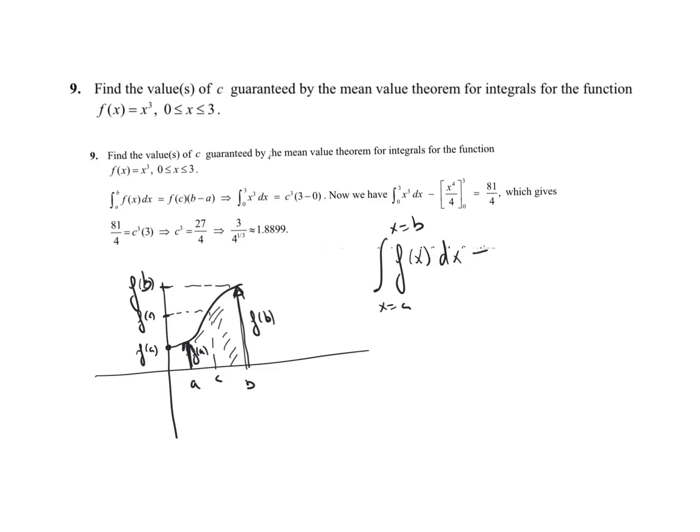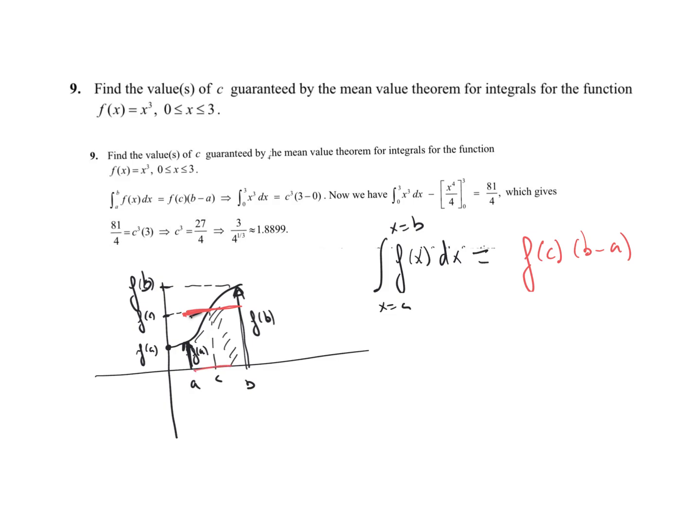And what the mean value theorem says is that there exists f of c such that the area, let's draw this f of c, so here like this, equals the area of the rectangle f of c by b minus a.